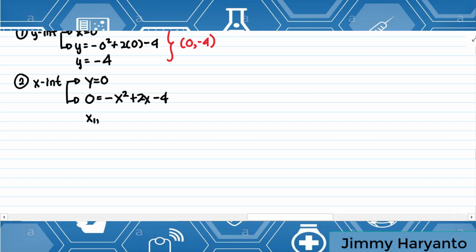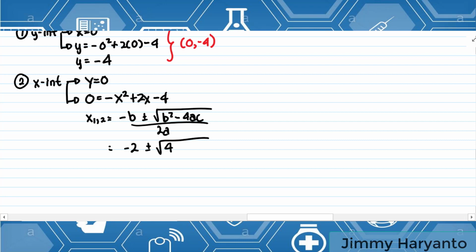The general formula is x1,2 equals negative b plus minus square root of b squared minus 4ac, over 2a. So negative b is negative 2, plus minus square root of negative 2 squared is 4, minus 4 times a, negative 1, times c, negative 4, over 2 times a, which is negative 1.